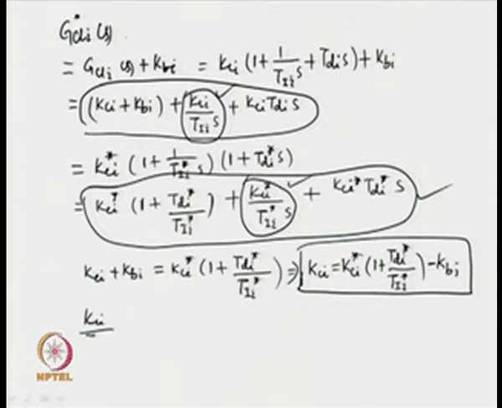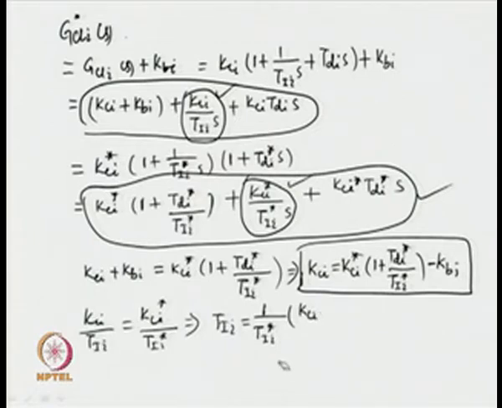Kci upon Tii is equal to Kci star by Tii star, which again can be written as Tii is equal to 1 upon Tii star times Kci.